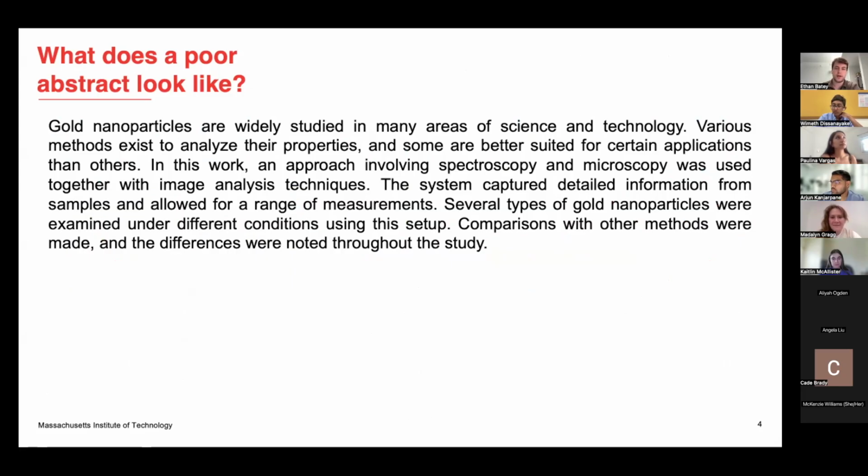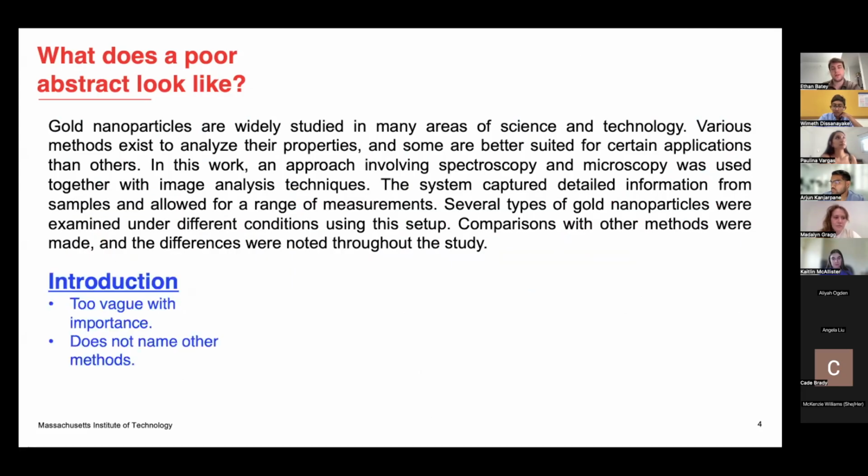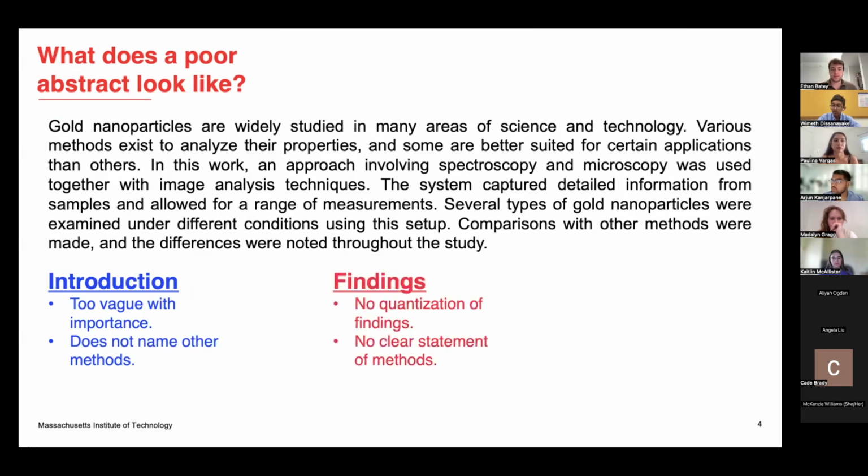So in this type of abstract, for one, the introduction section, if you can call it that, it all kind of blends together, but it's too vague. It says gold nanoparticles are widely studied in many areas of science and technology. In the introduction section of our anatomy here, that's too vague, and it doesn't specifically name what we're getting at. And then the findings. In our findings section of our anatomy, there's no quantization here.